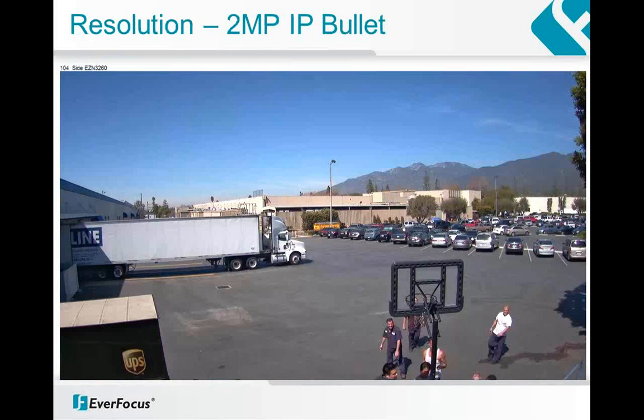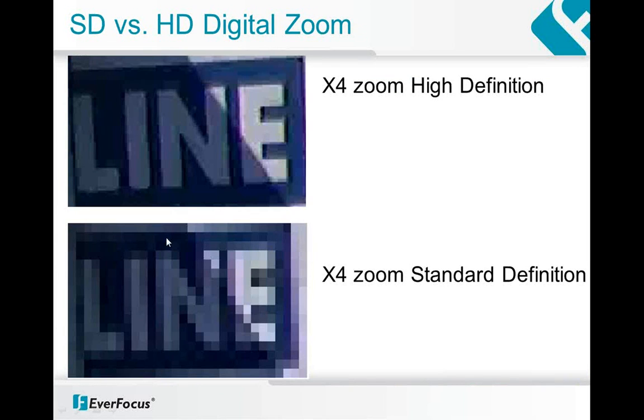What we're pointing out here is, take a look at the truck. On the left-hand side, you see the print that says line. On the next slide, you will see a 2x zoom in high definition at the top, and on the bottom, you'll see a 4x zoom in standard definition.